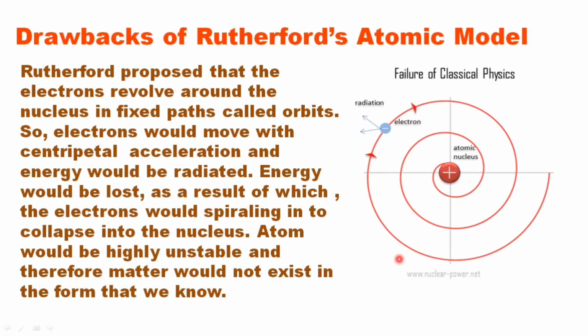As a result, energy would be lost. So the electrons would spiral in and collapse into the nucleus. As you can see here in the diagram, the electron, after revolving, loses energy, spirals in, and finally falls into the nucleus of the atom. So the atom would be highly unstable, and therefore matter would not exist in the form that we know.